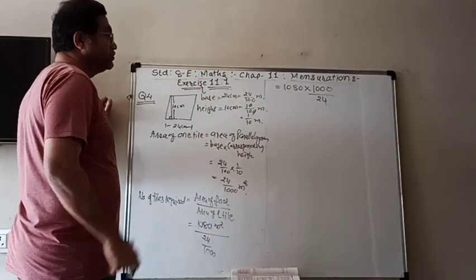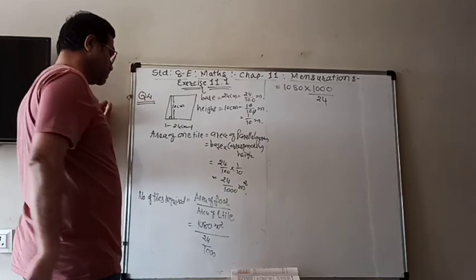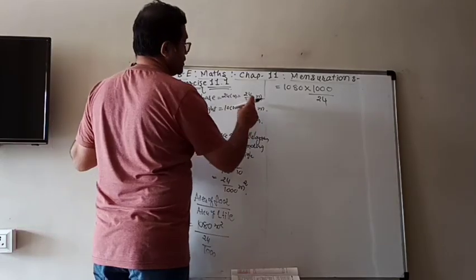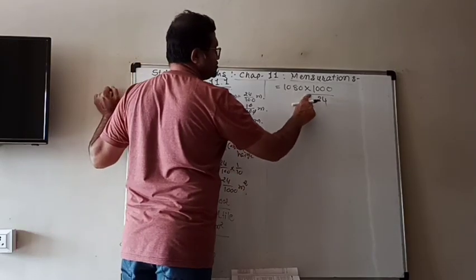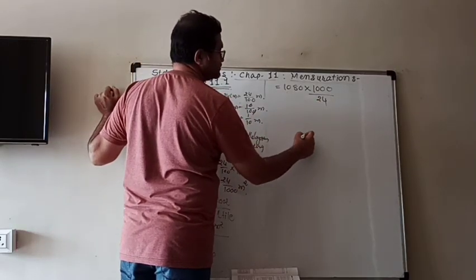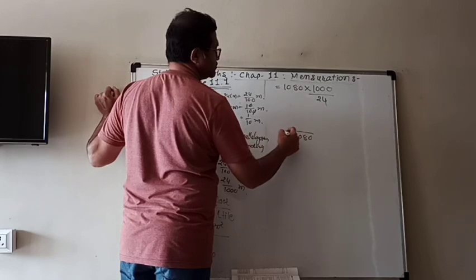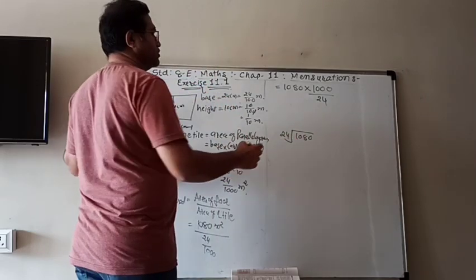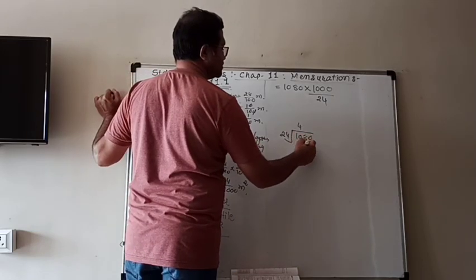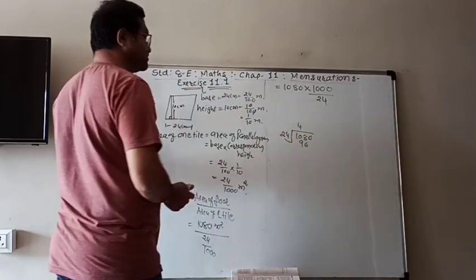Now we have to do the cancellation. Right? So now 1080 divided by 24. 24 fours are 96.